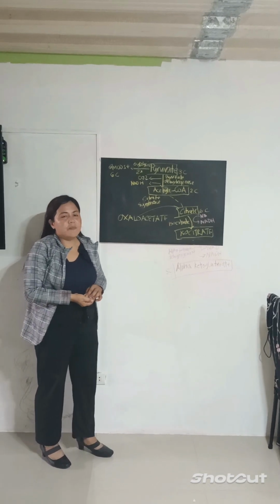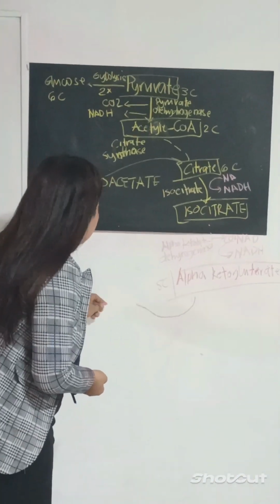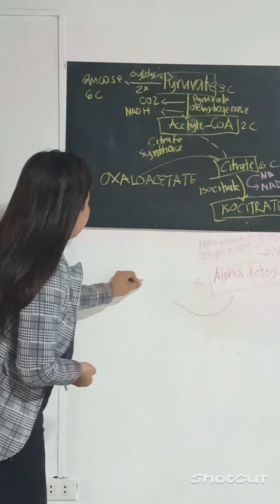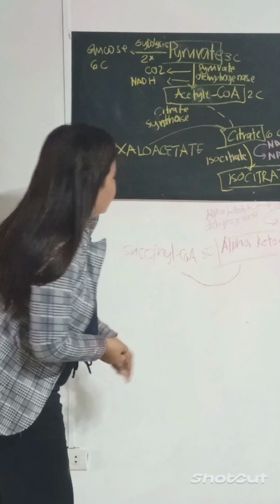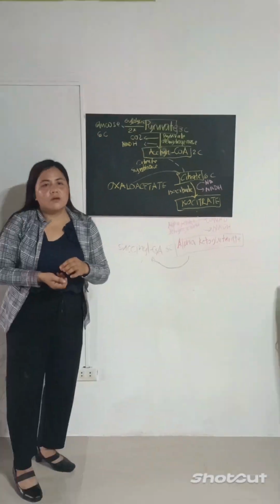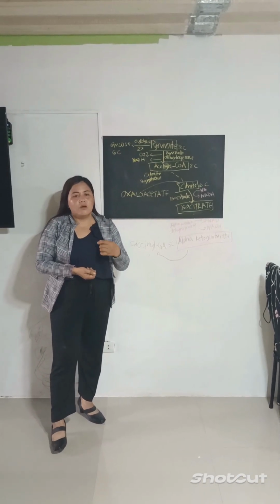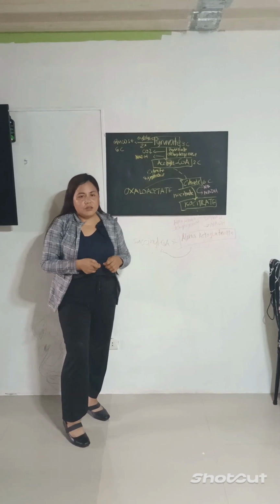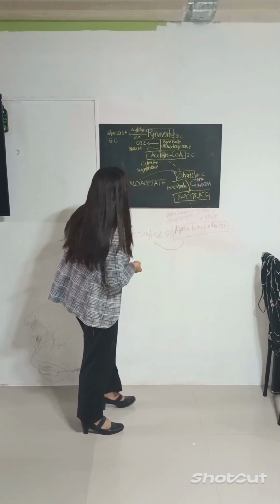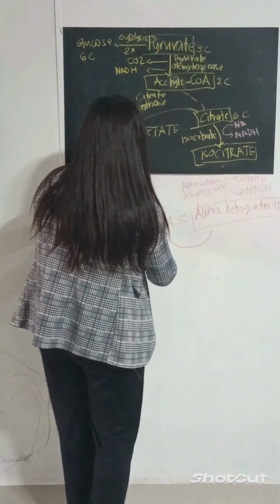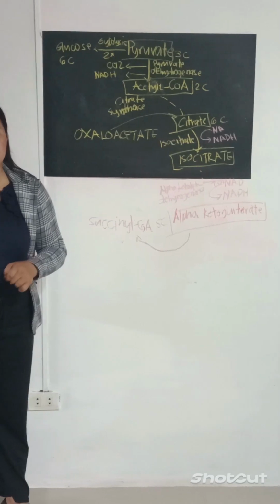In the next stage, alpha ketoglutarate is converted into succinyl-CoA by the enzyme alpha ketoglutarate dehydrogenase, and in this reaction a molecule of NAD is reduced to NADH.